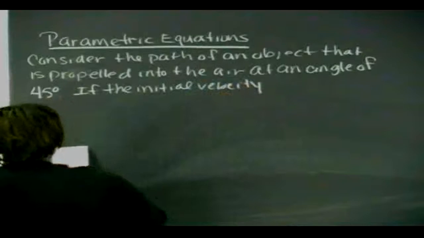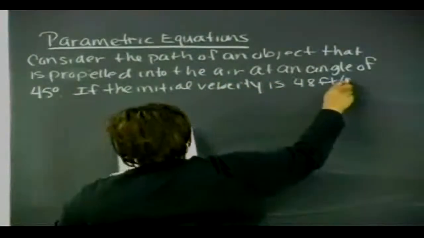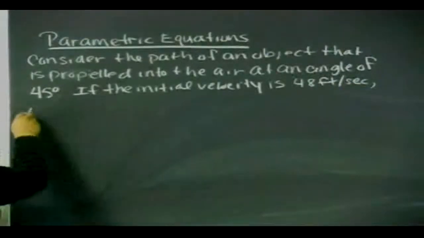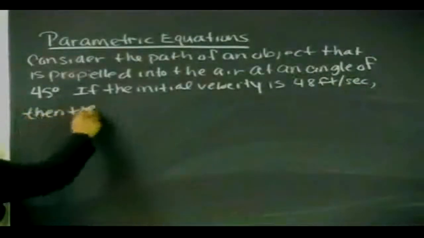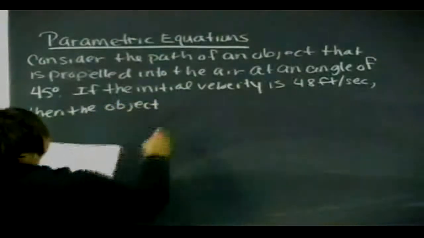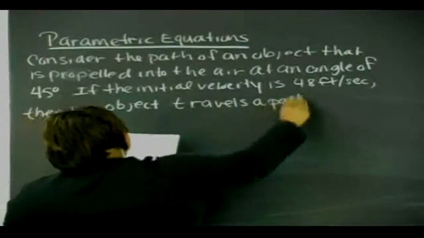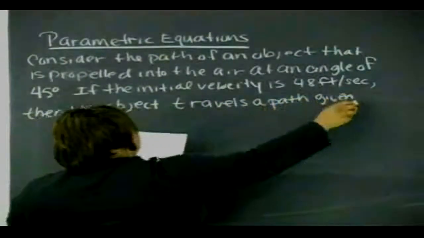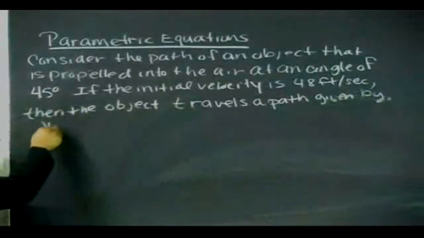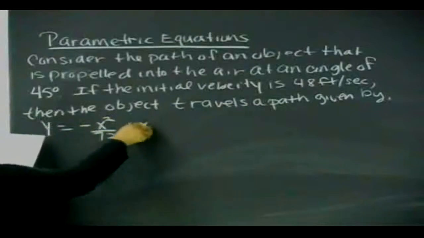If the initial velocity is 48 feet per second, then the object travels a path given by the following equation: y equals negative x squared over 72 plus x.